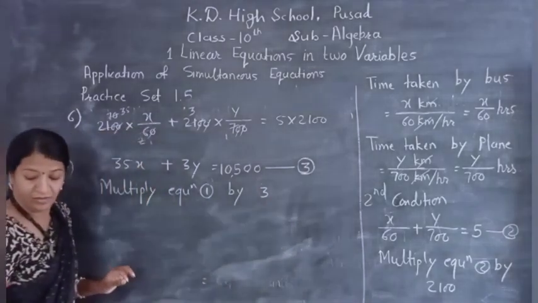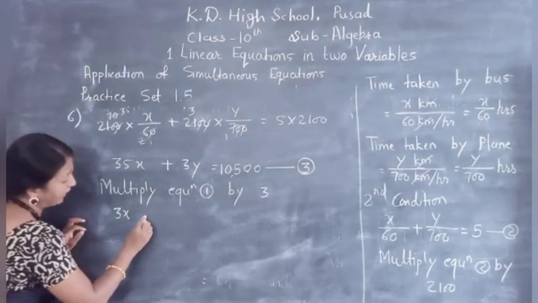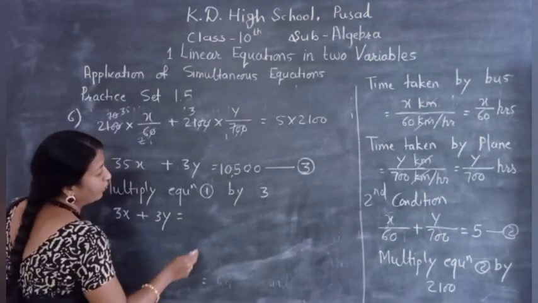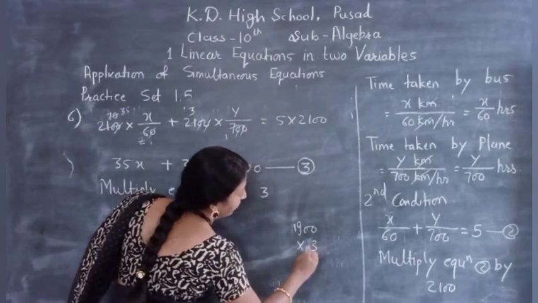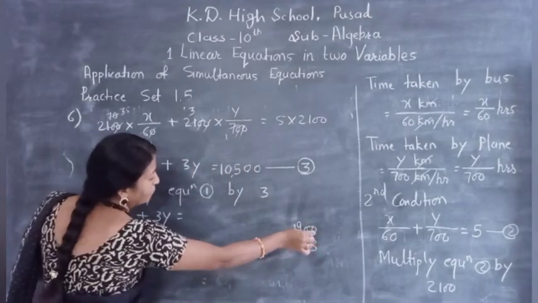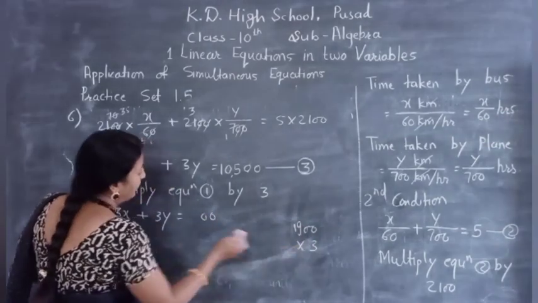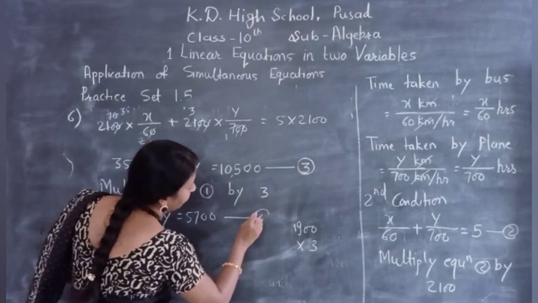What we get? 3x, x into 3, plus 3 into y, that is 3y, is equal to 1900 into 3, that is 5700. Okay, this is our equation number 4.